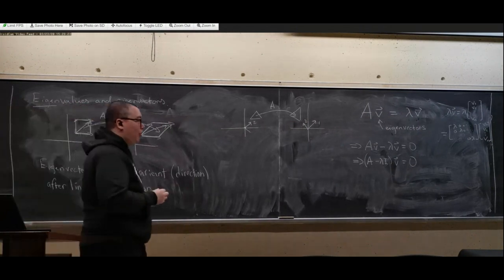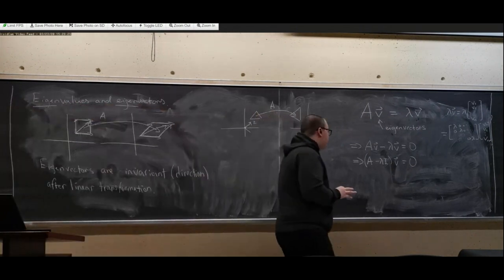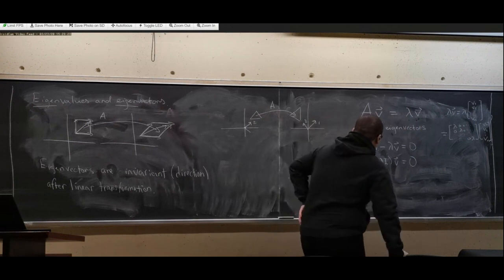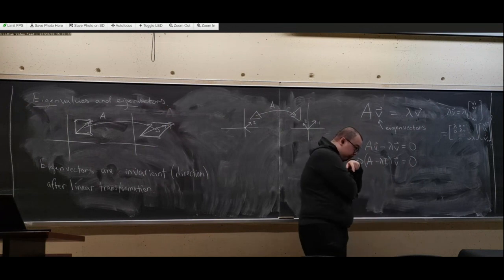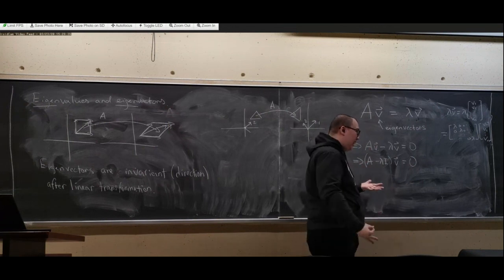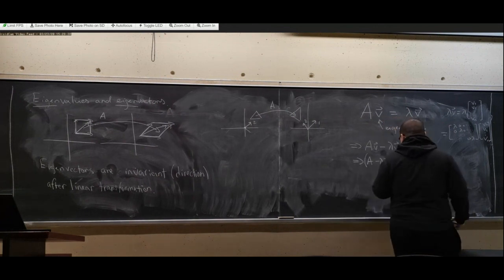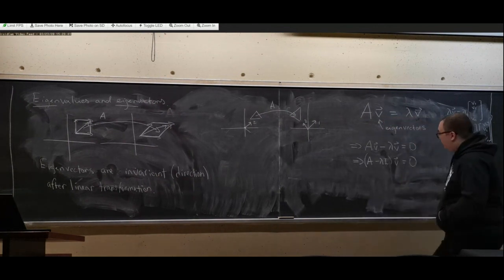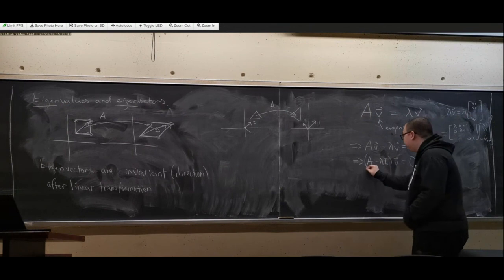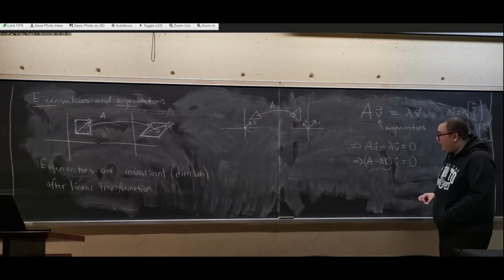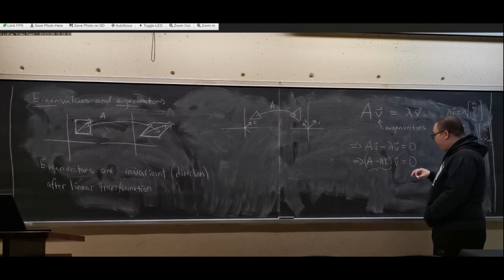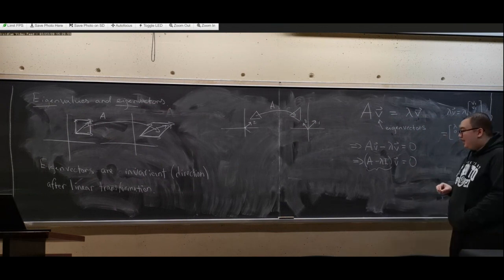Well, we're looking for this to equal 0. This is another matrix right here, right? And the only way that we can get this matrix to multiply by v and get 0 in the end is that this matrix cannot be invertible.